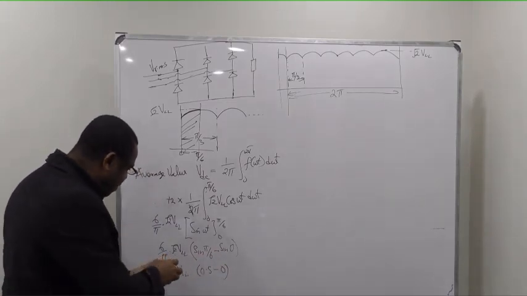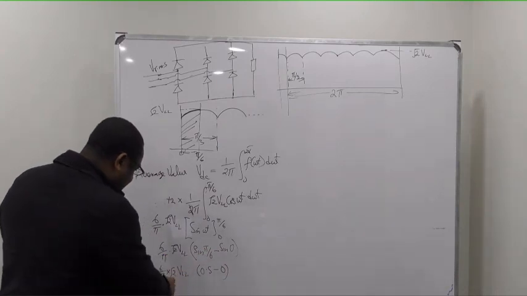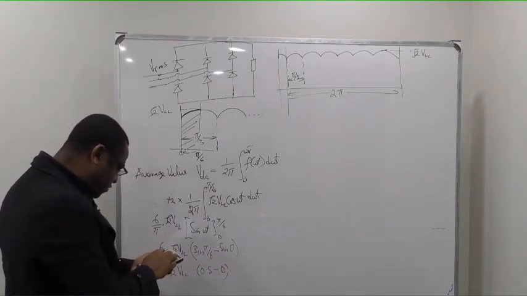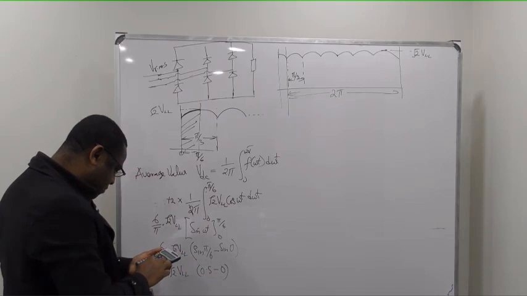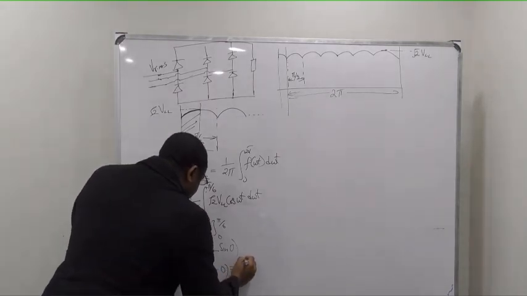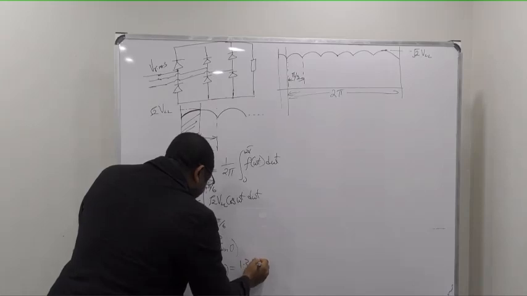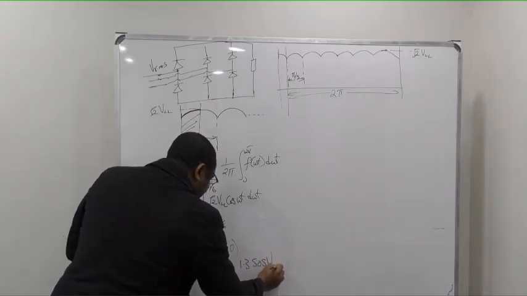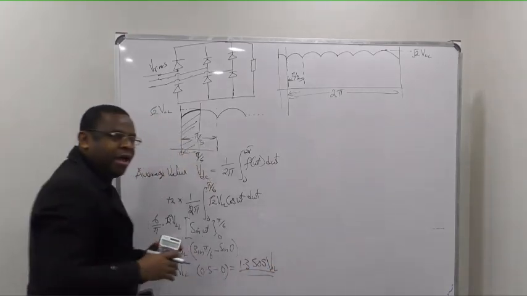Now let's evaluate that. So I have 0.5 times root 2 times 6/pi, and you have that to be 1.3505 VLL. Did you get that?